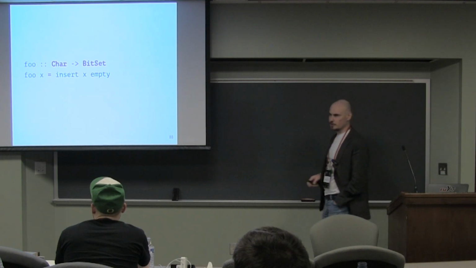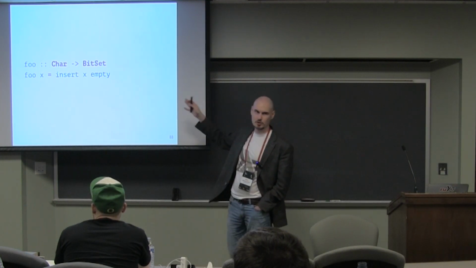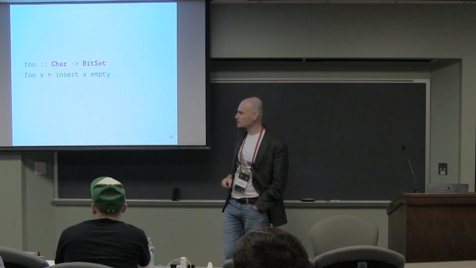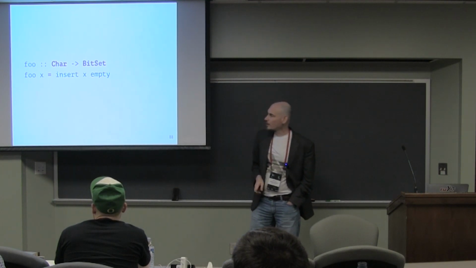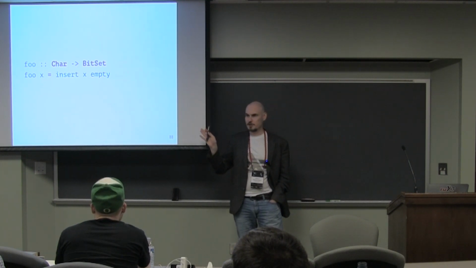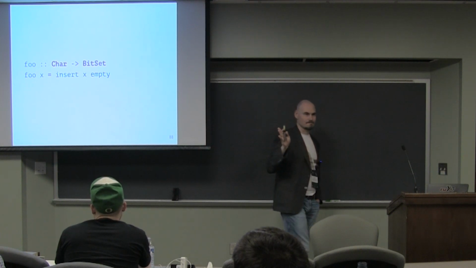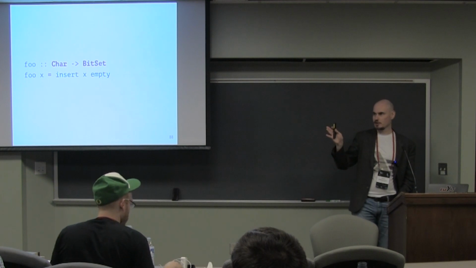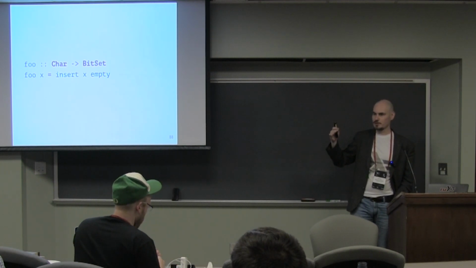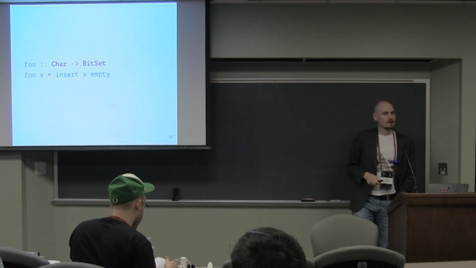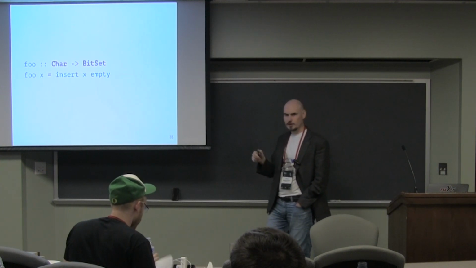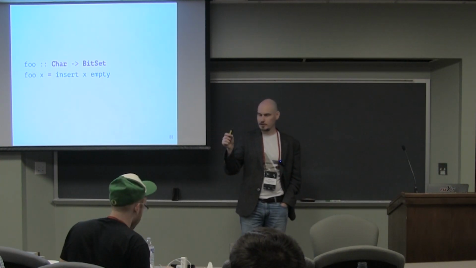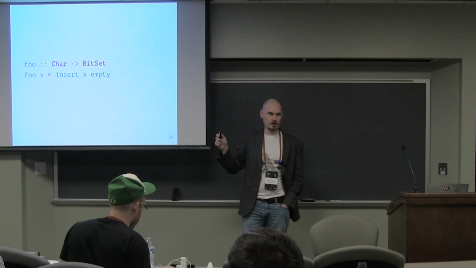And now the question. Here is code which uses those type classes and instances. What is the type of x here? Well, definitely it should be char, because we are inserting into a bit set and the type of elements is char. But when you look at the type of the insert function, it's not char.